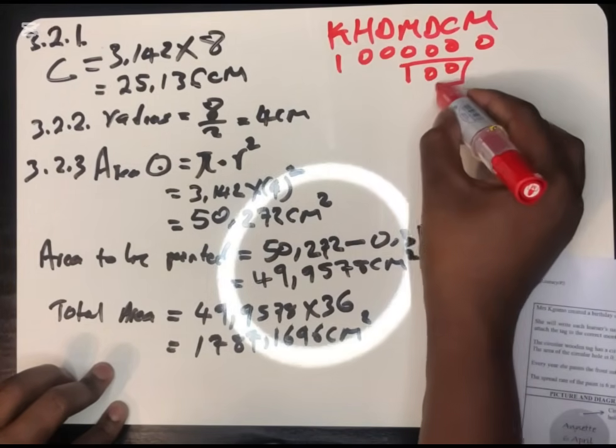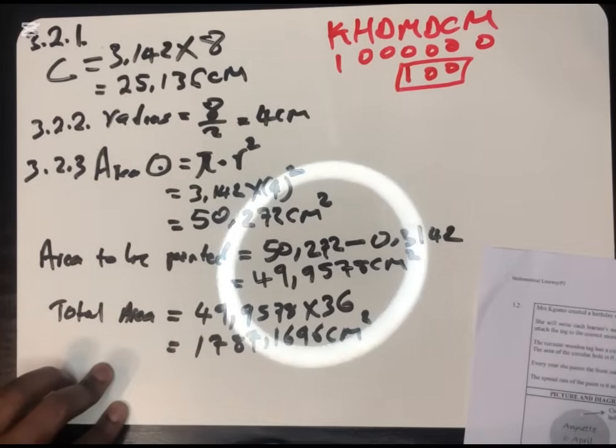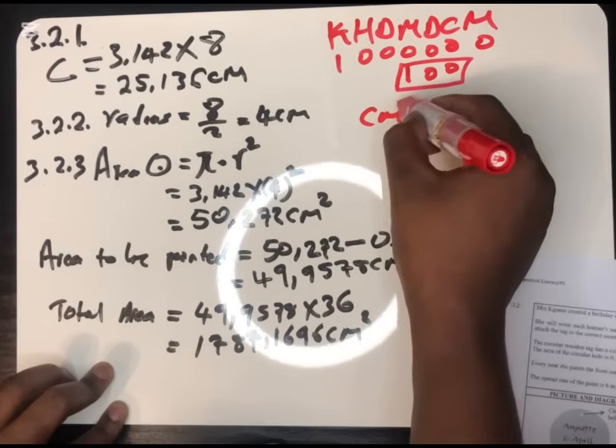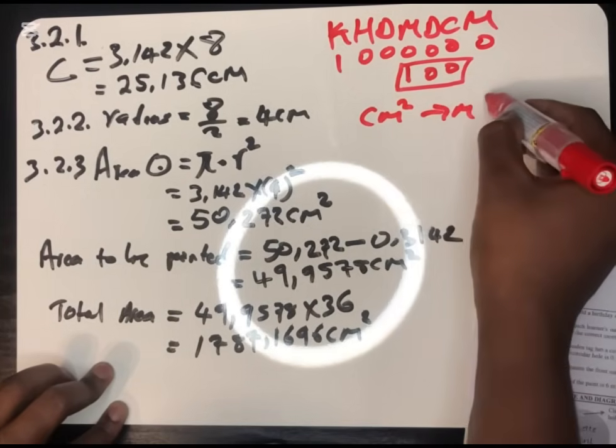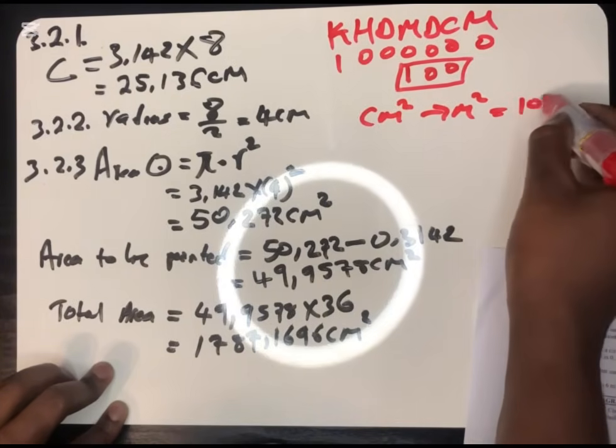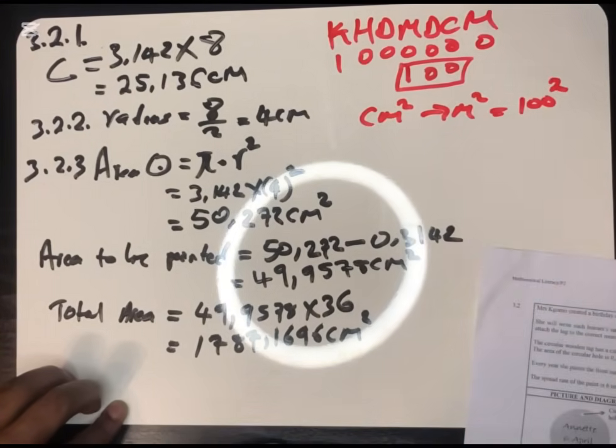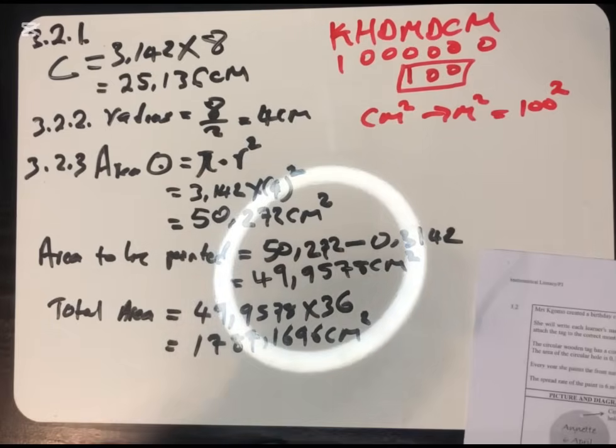The converting factor between centimeters and meters is 100. But between centimeters squared and meters squared it is 100 squared. You should not forget that. That is the most important thing to remember: the converting factor between meters and centimeters is 100, but between centimeter squared and meter squared it is 100 squared. You should not forget that.